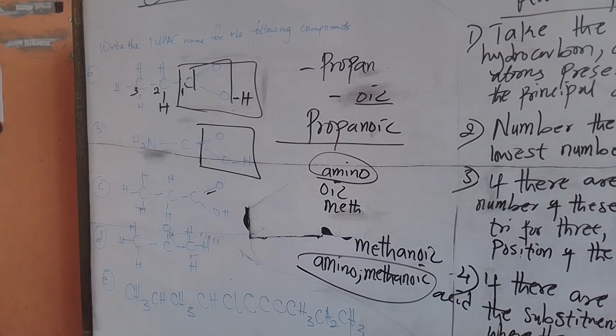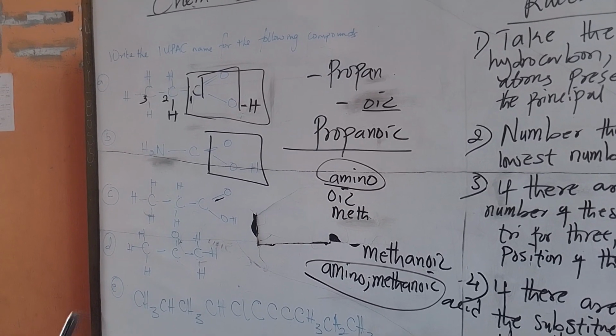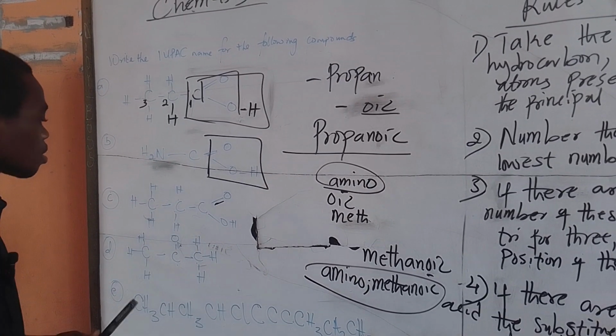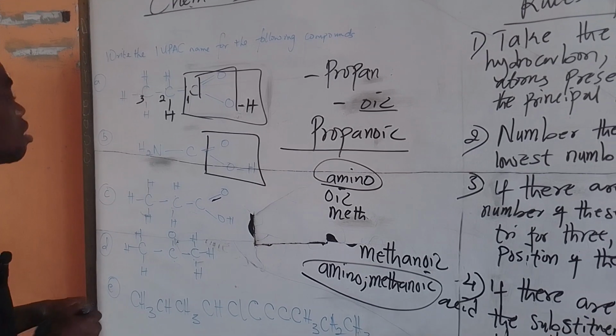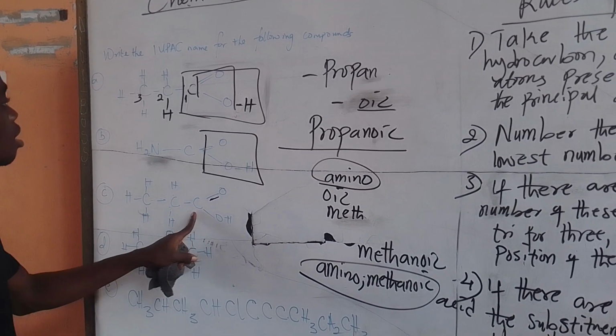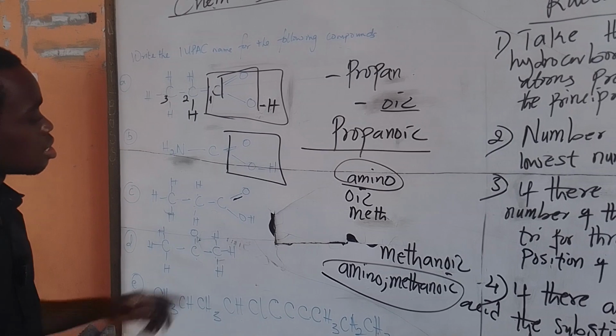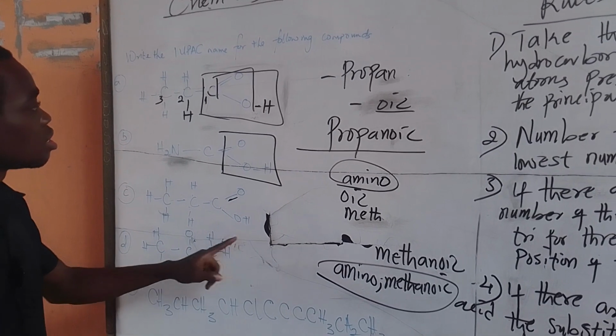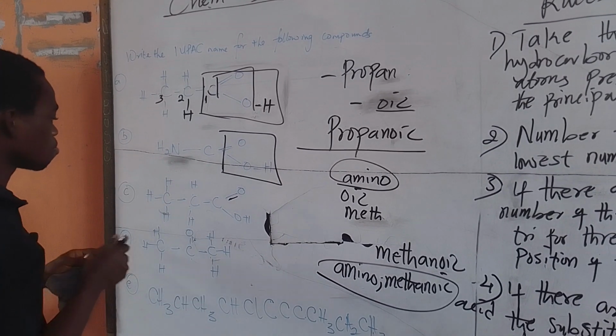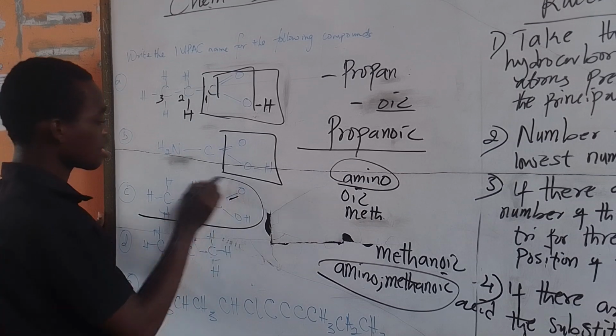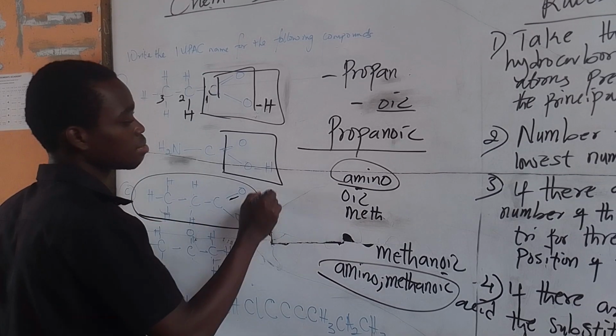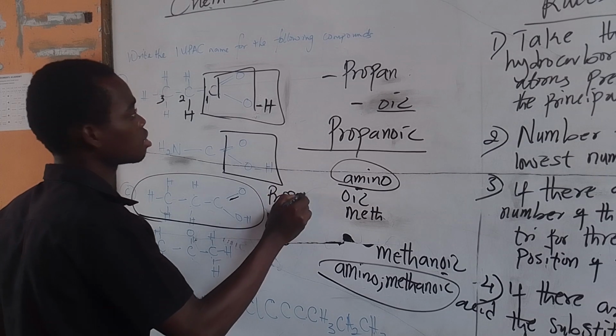Now, the next one, this is a double bond OH. This is the same thing as propanoic acid.